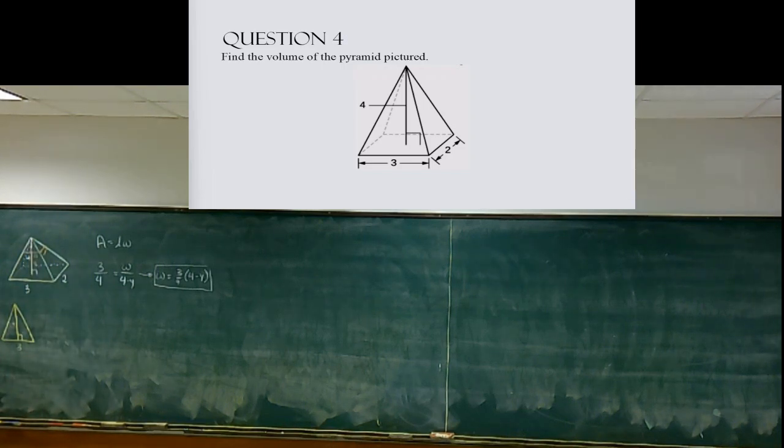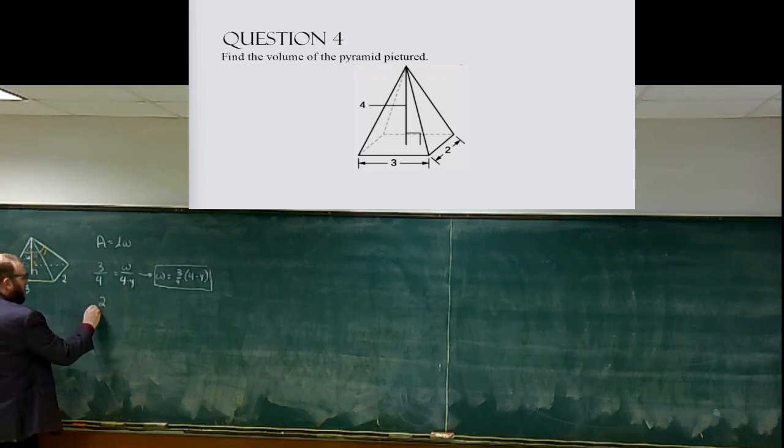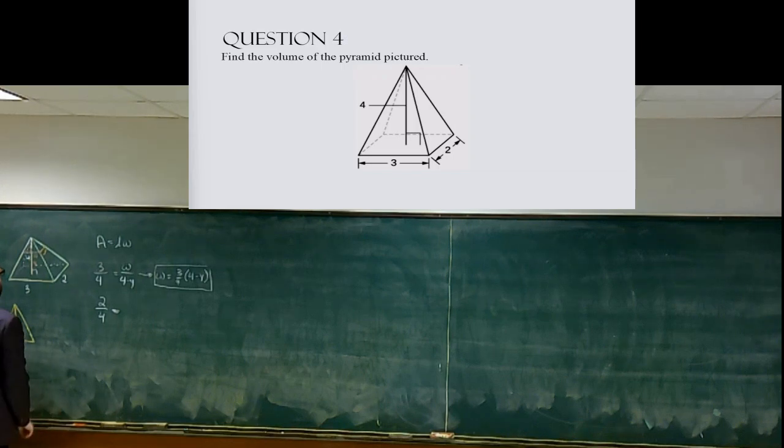There's a green triangle. The height would be the same, by the way, based on how the pyramid is. What's the base? 2. But then we also have that red one.